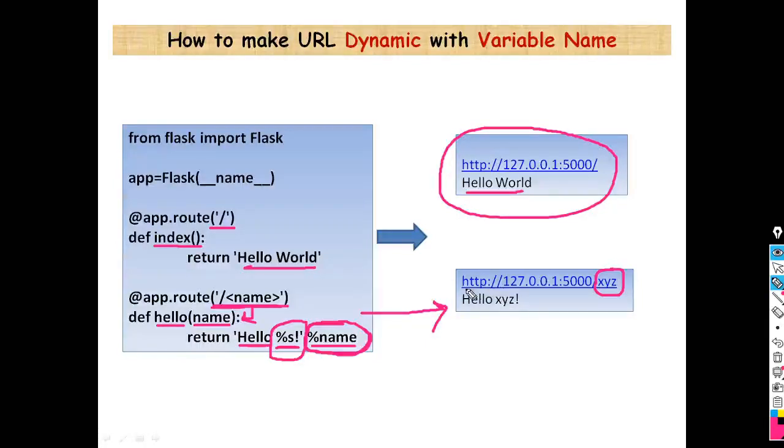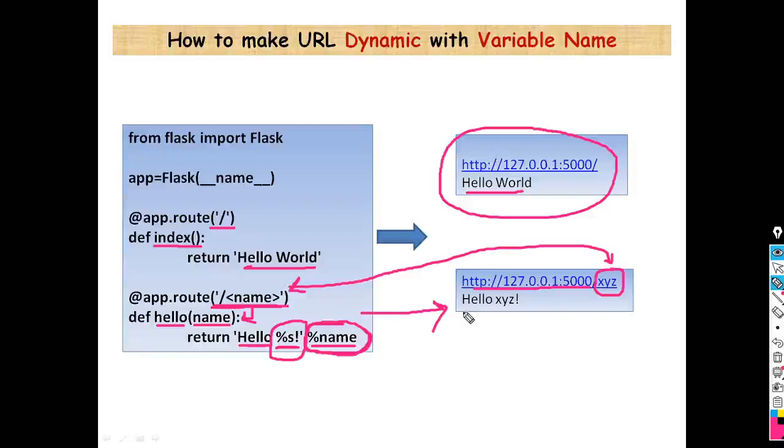So this is the URL. Up to this part indicates the URL, and x, y, z, this value will be assigned to the variable name. So this content xyz will be passed to the return function.